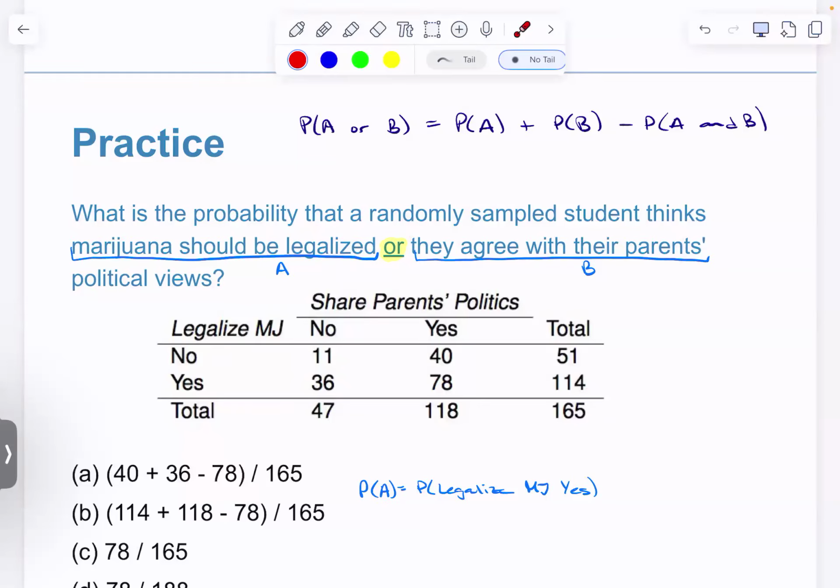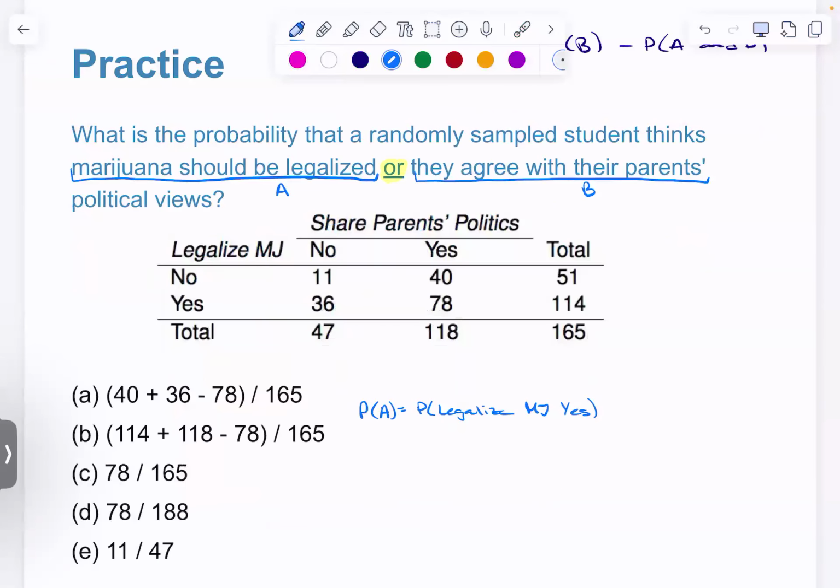And that will be our probability. So here I have 114 out of 165. That takes some practice, but once you get a hang of it, then you're off to the races.